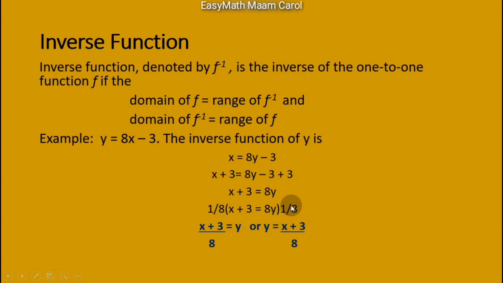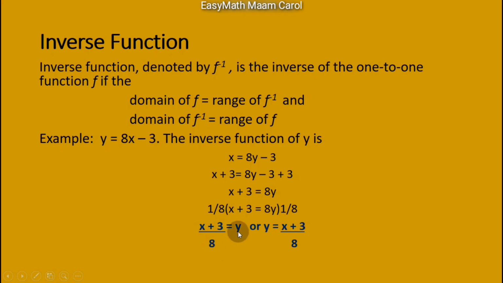So, it's the same thing as multiplying it with 1 over 8. So, we multiply 1 over 8 on the right side of the equation, which is also what we did on the left side. So, nagkaroon ng denominator na 8 dito is equal to y na. Kasi nga, nalipat na natin lahat dun sa kabila.